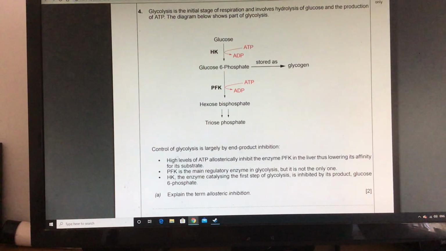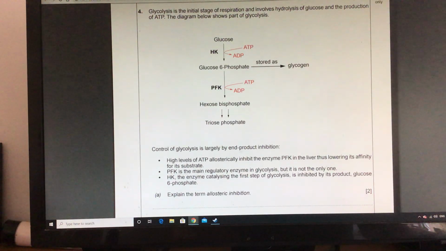So if there is plenty of ATP, then this enzyme here, the second enzyme, the phosphofructokinase, is the one that is being inhibited. It's inhibited allosterically, and therefore the shape is no longer right. The affinity for the substrate, which was the glucose 6-phosphate, is lost because it no longer fits the active site.